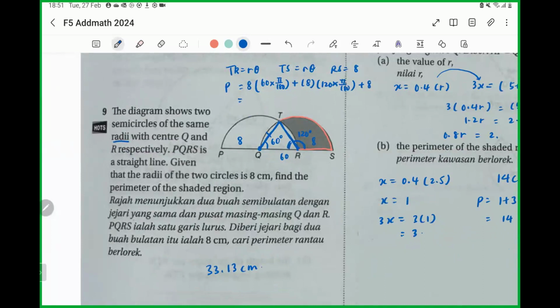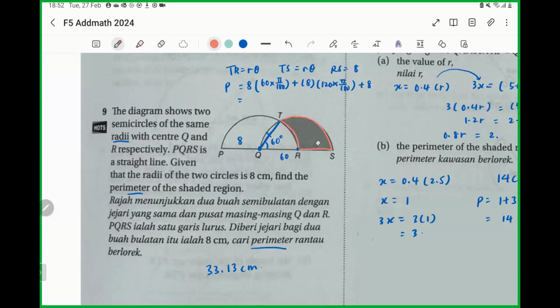Number 9 is still a bit blur. Which part are you blur? The 60-degree, do you get that part or not? Okay, that one you get. So in order to find the perimeter, because the question is asking us for the perimeter, perimeter is the outline, right? So the shaded region is here. The outline means it will be the pink line I draw, this one, and this one, 3 lines.